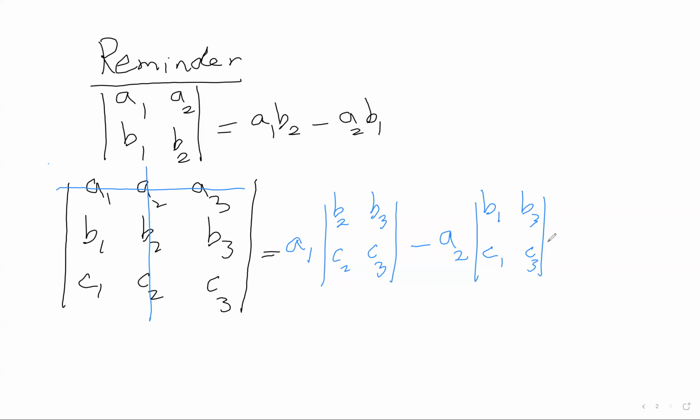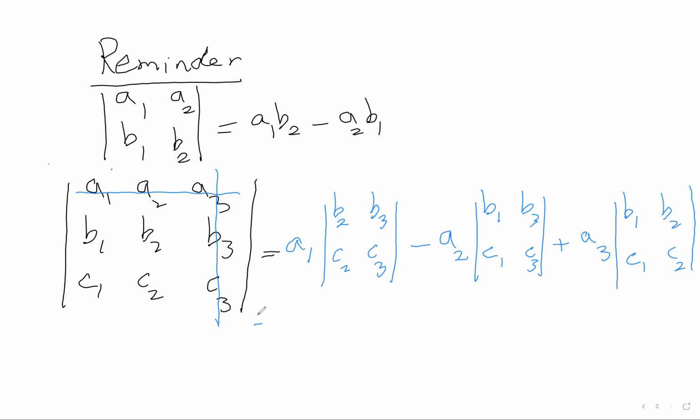And finally, the last term comes with plus A3. For that, I forget about the first row that A3 is located on and the last column that A3 is located on. The remaining is a 2 by 2 matrix. I multiply by the determinant of that 2 by 2 matrix. Now I know how to deal with 2 by 2 matrices.